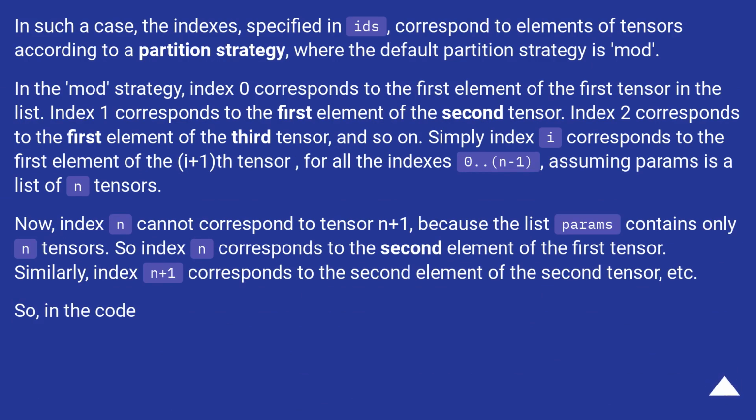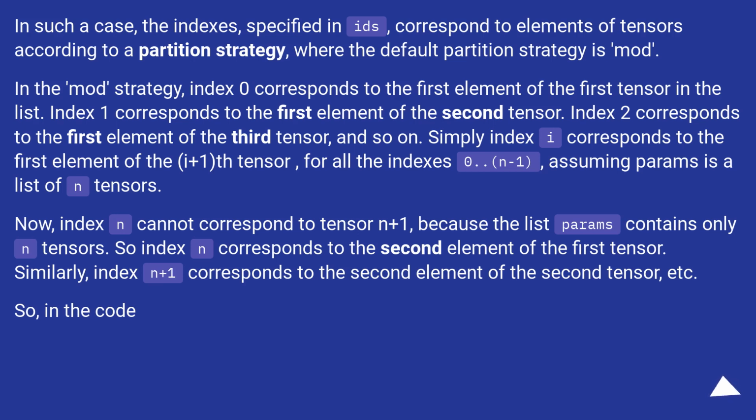In the mod strategy, index 0 corresponds to the first element of the first tensor in the list. Index 1 corresponds to the first element of the second tensor. Index 2 corresponds to the first element of the third tensor, and so on. Simply index i corresponds to the first element of the i+1 th tensor, for all the indexes 0 to n-1, assuming params is a list of n tensors.